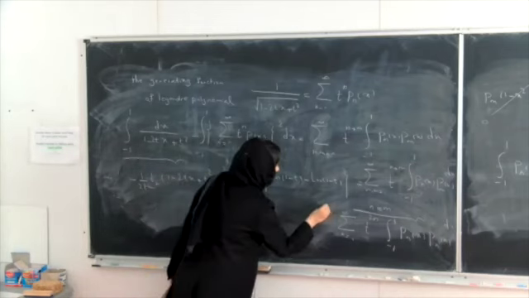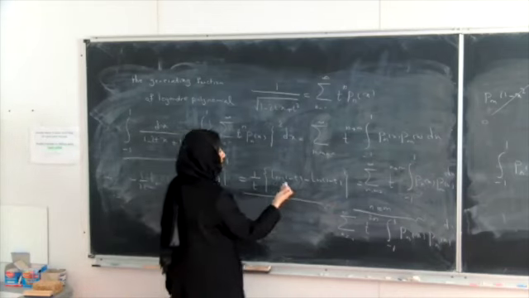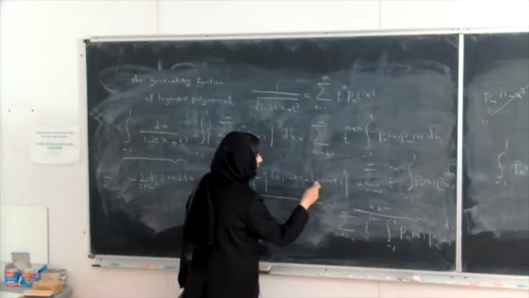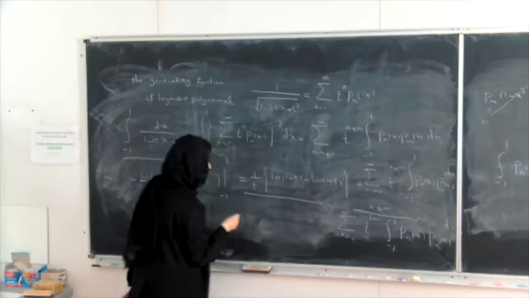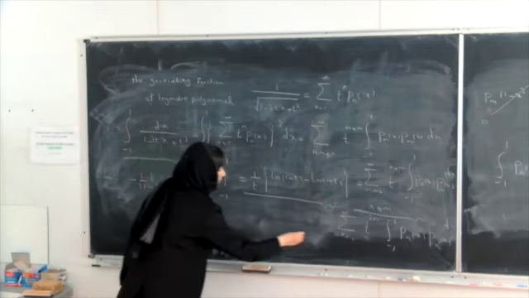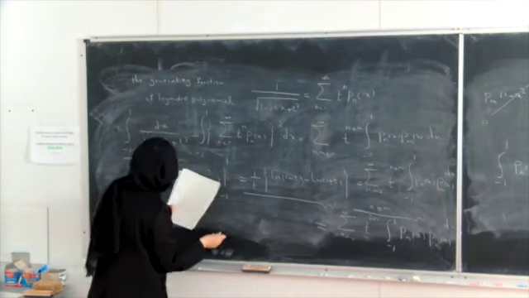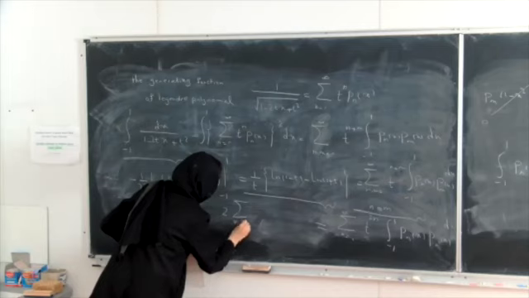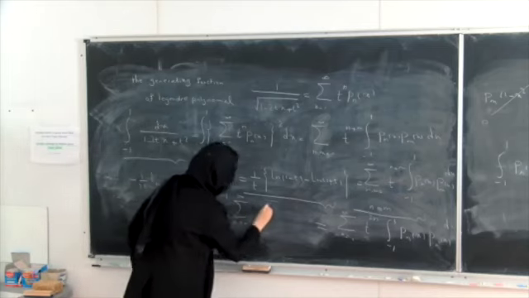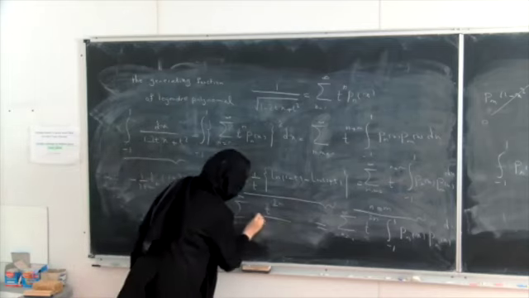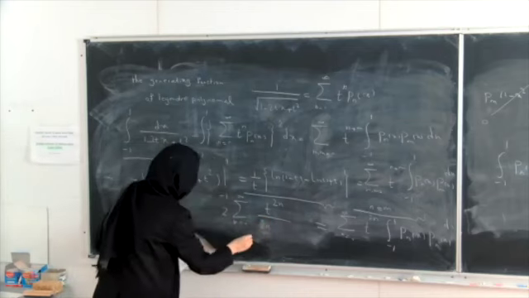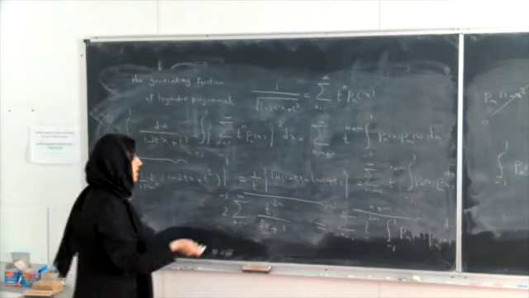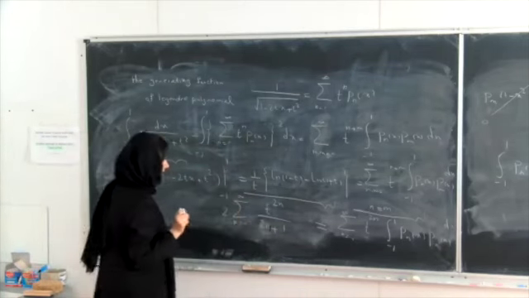And by using the series expansion of ln of 1 minus t and ln of 1 plus t, we can write this term as two series from n equals 0 to infinity of t to the n plus 1, by using the series expansion of each of these.